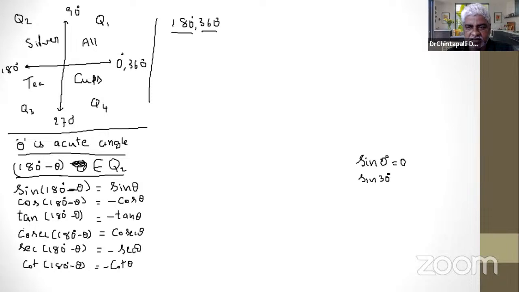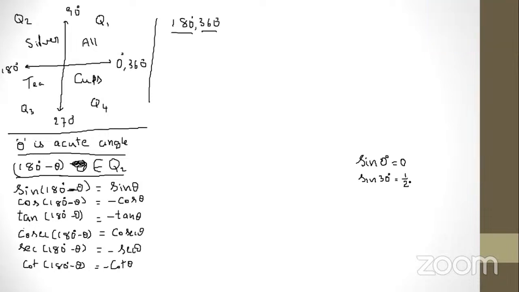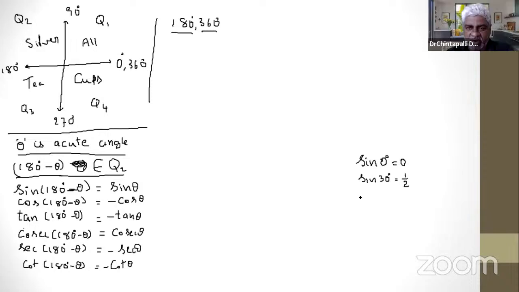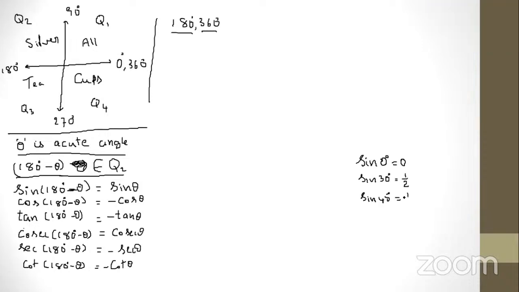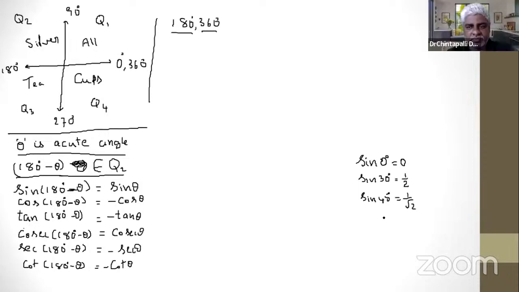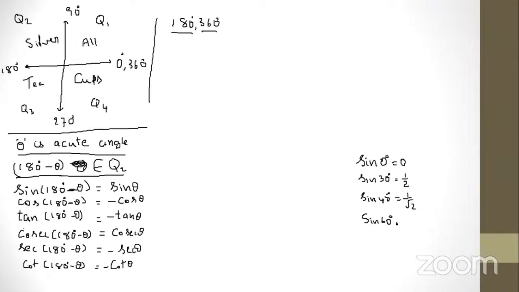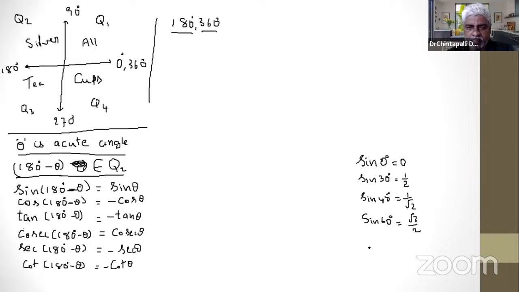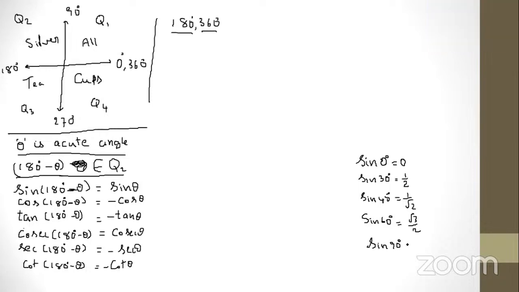Sine 30 degrees? 1 by 2. Sine 45 degrees? 1 by root 2, sir. Sine 60 degrees? Root 3 over 2. Sine 90 degrees? 1, sir. Now, let us calculate.